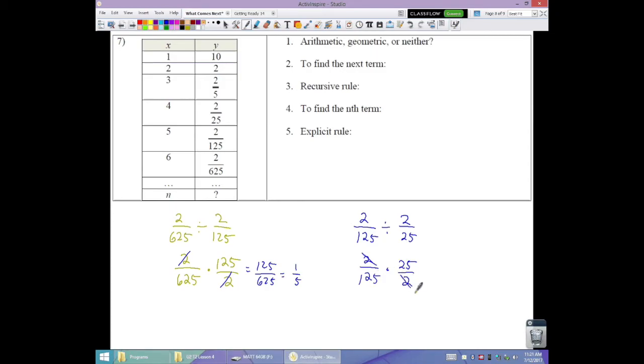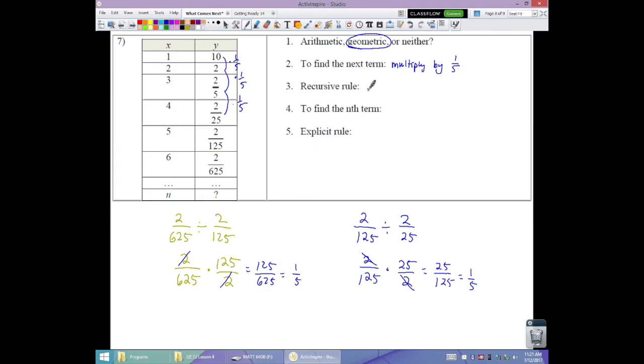The 2's again cancel. 25 over 125 reduces to 1/5. So it turns out my pattern is I am multiplying by 1/5. That makes this a geometric sequence. To find the next term, we multiply by 1/5.